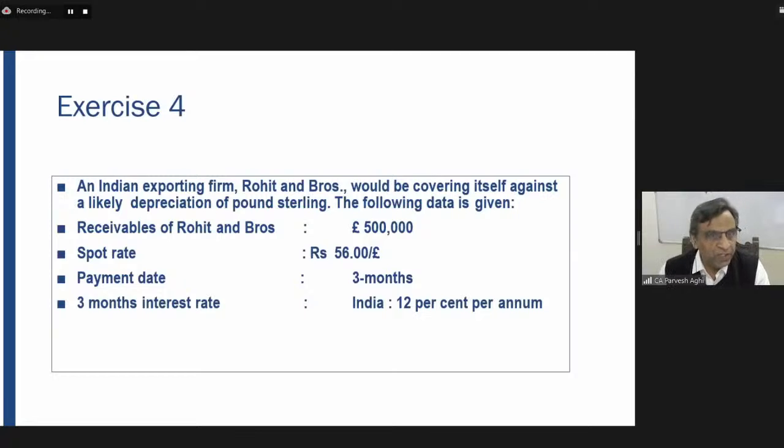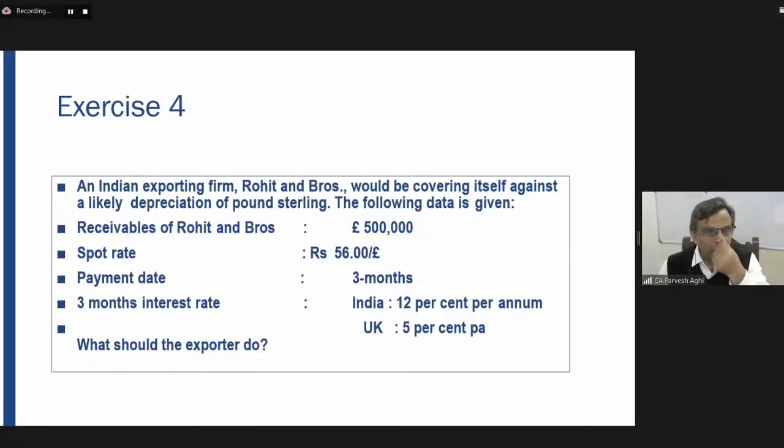The 3-month interest rate in India is 12%, and in the UK it is 5% per annum. What should the exporter do? Now, there are no forward rates, so he can't go and take forward cover since it is not there, so we can't use it.